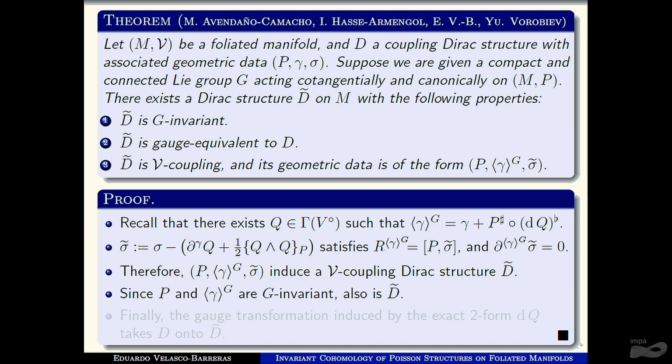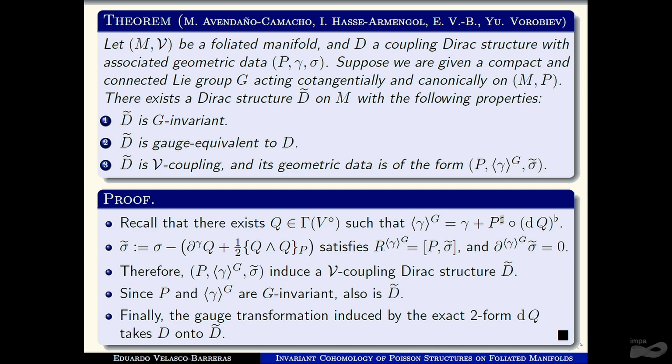And since P and the Hannay-Berry connection are G-invariant, so is this Dirac structure. And finally, the gauge equivalence between D and D tilde is given by this exact Q form. This in particular is a closed form. It has an associated gauge transformation, and this transformation takes D onto D tilde.